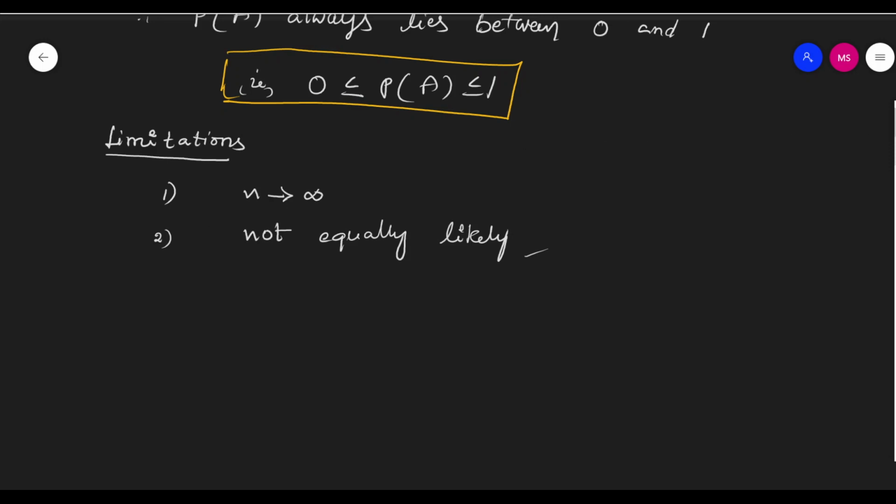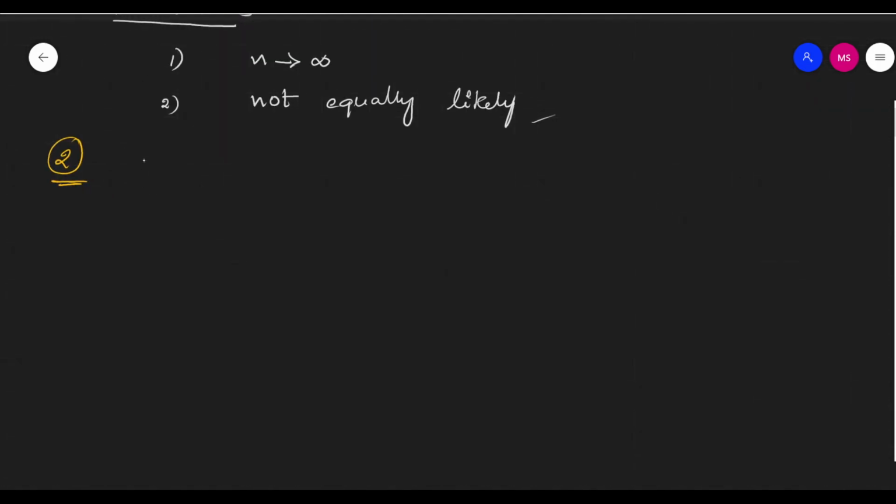And the second definition is the empirical or statistical definition, right?